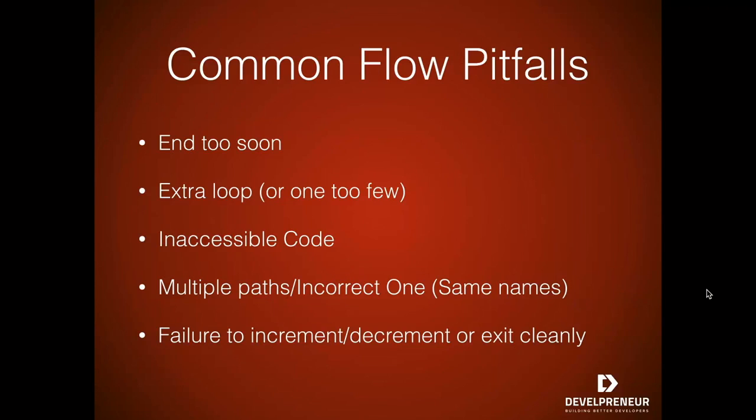Another flow pitfall we see quite a bit will be multiple paths through the solution, where there's a couple different ways it can go, and you can either confuse the code, or it's almost random which path it takes, which solution gets done. Sometimes we'll see that where you've got, let's say, if less than 1 and if greater than 1 are two different paths through the solution.